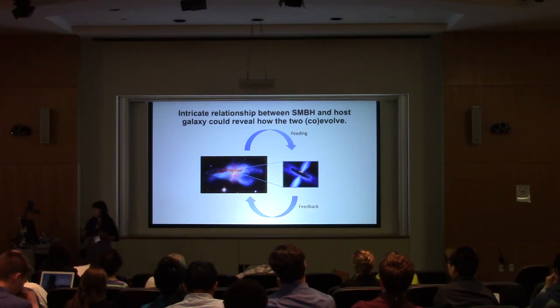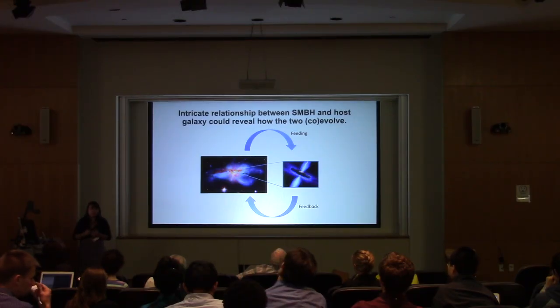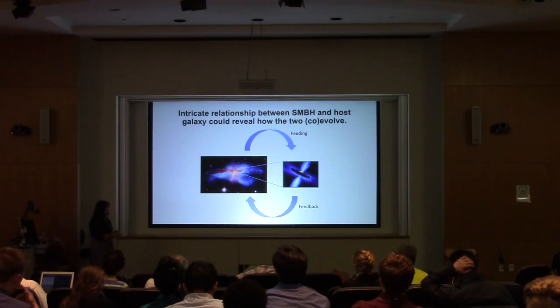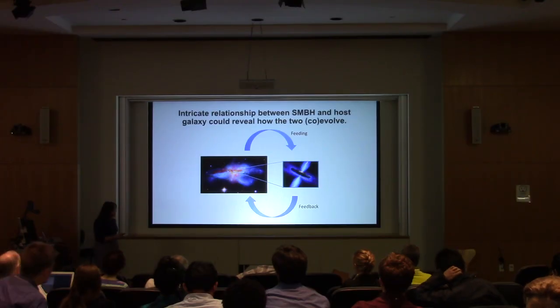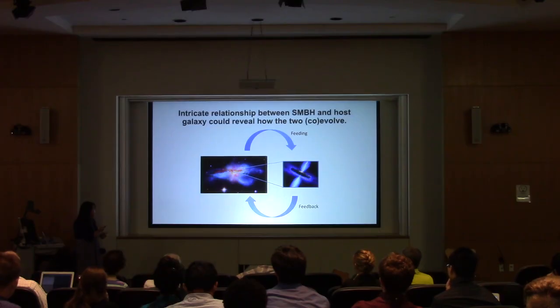They interact with each other mostly via feeding and feedback mechanisms, where the galaxy supplies gas into growing the supermassive black hole in the center, and possibly triggering its accretion, which then in turn interacts with the interstellar medium via feedback mechanisms.